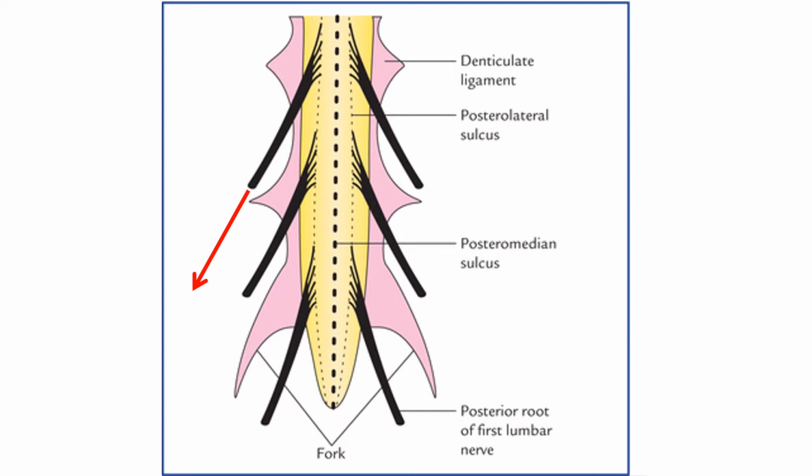The spinal nerve comes out of the spinal cord higher up, goes down till it meets its allocated intervertebral foramen to go out of it. So this is the level of origin of the spinal nerve, and this is the level of point of exit of that specific spinal nerve.